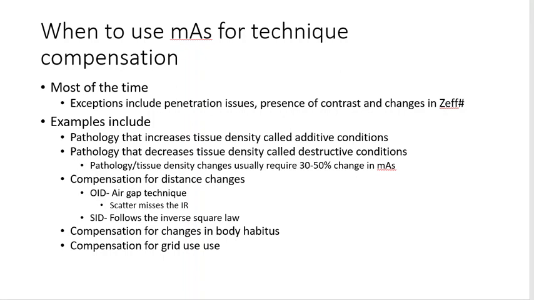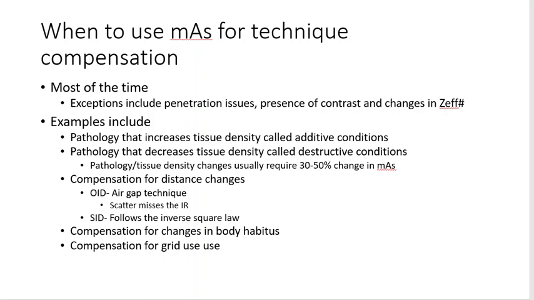So if you think about what kVp does, whenever you increase kVp, you get an increase in penetration, you get an increase in penetrated scatter, and that scatter reduces contrast on the image. Also, what you get is an increase in penetration and decrease in differential absorption, which also decreases your contrast.